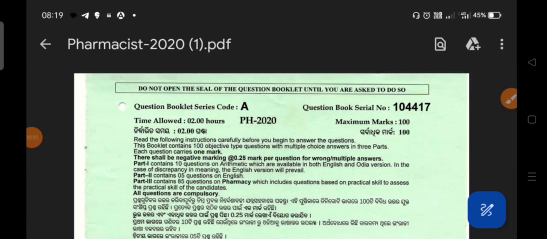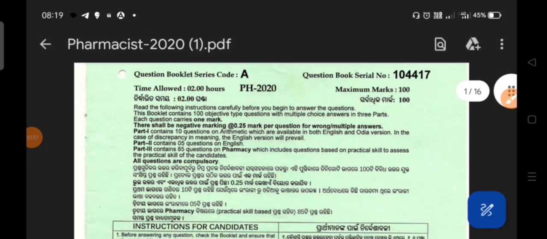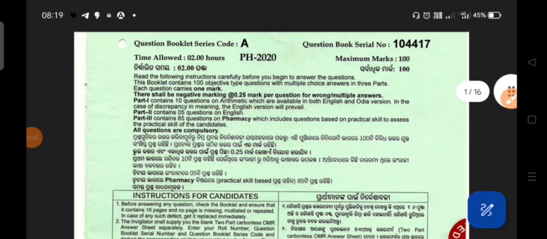So, this booklet contains 100 objective type questions with multiple choice answers. It has three parts, where part 1 contains 10 questions of arithmetic, part 2 contains 5 questions of English, and part 3 contains 85 questions on the pharmacy subject.